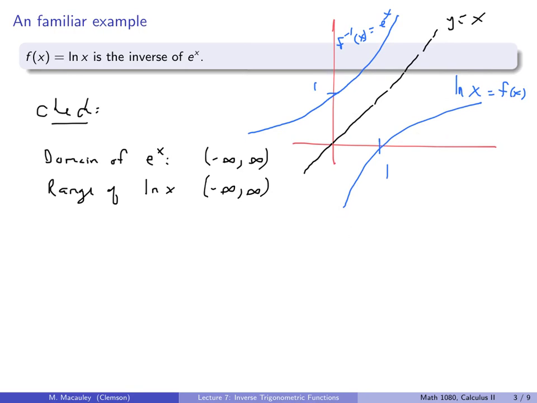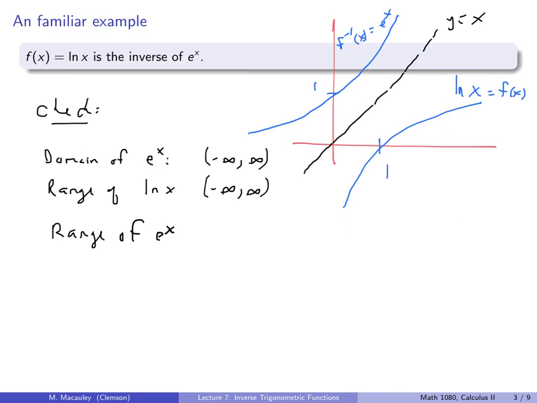Next, let's check the range. We started with the domain of e to the x, now let's check the range. The range of e to the x, that's the output. So the output is, well, positive numbers.